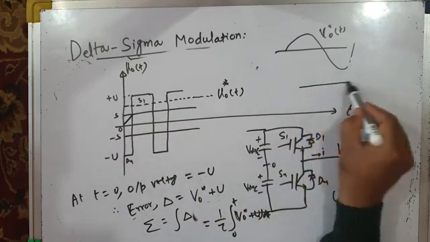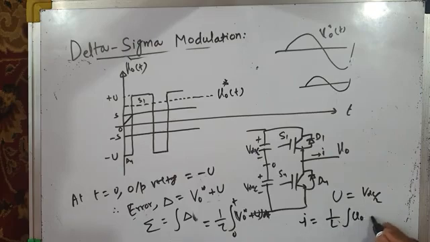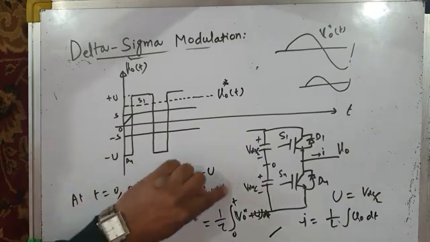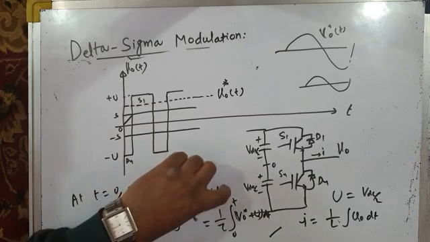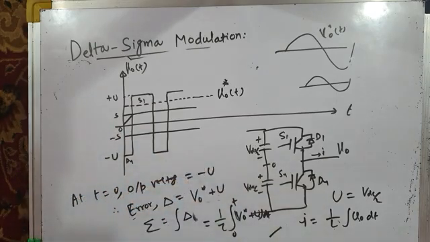In a similar way, as in your hysteresis current controller where current was given by 1 by L integration V naught dt, when your load voltage was plus VDC by 2 or plus U, it integrated that divided by L, so the current rose. In a similar way, here, first of all at t equal to 0, it finds the error which is V naught star plus U, and then it integrates that error.